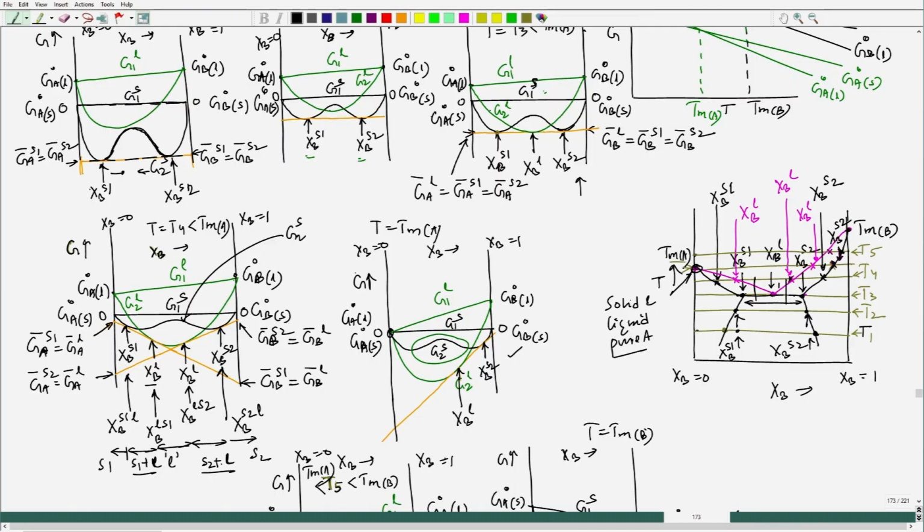Okay. So, we will discuss about this in our later lectures, but we get a kind of phase diagram like this, okay, which actually is nothing but the eutectic phase diagram.